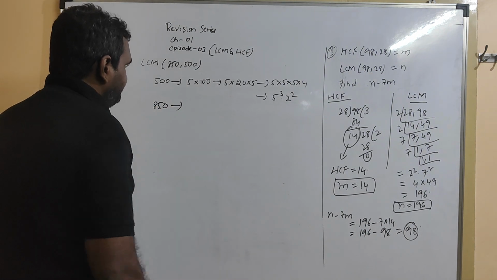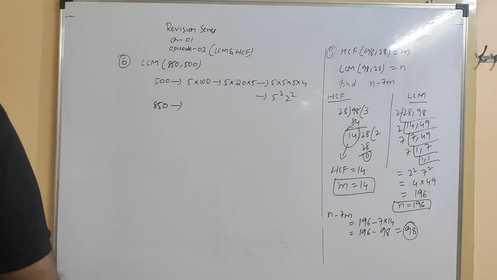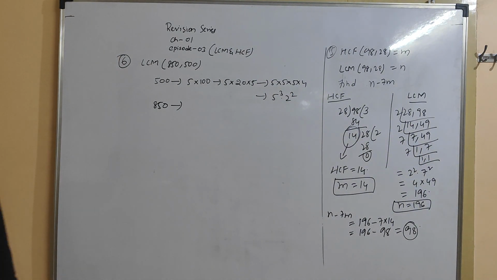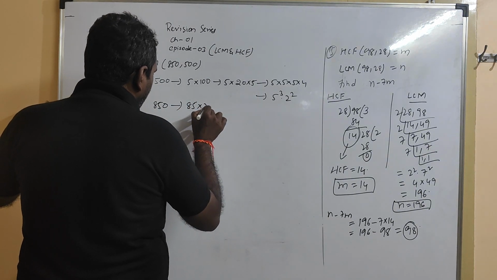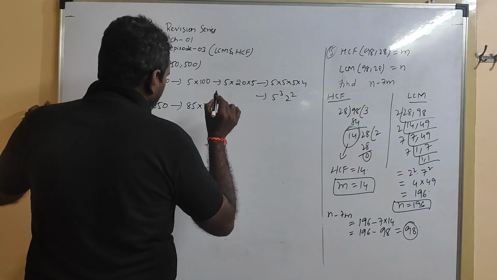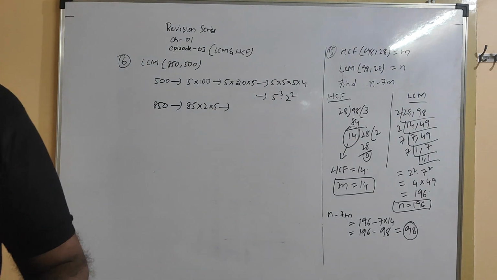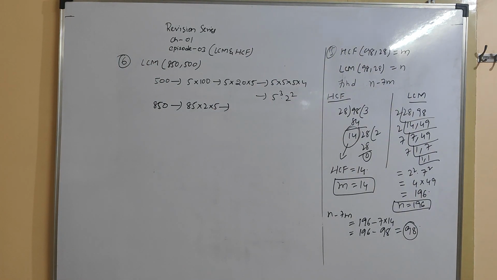And regarding 850, you tell me. 85 you keep it like that. For 10 it is 2 into 5. If you are having any difficulty doing this, this is the best way of doing it. 85 into 10 is 850. For 10 I am writing 2 into 5.